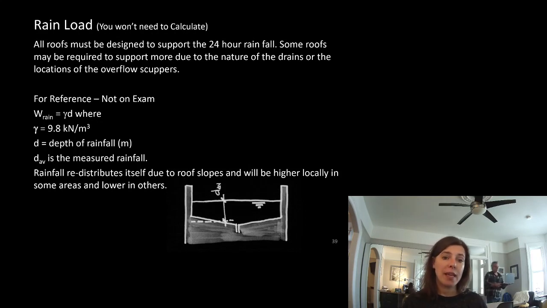So that would be in communication between the design team, the engineer and the mechanical engineer, because that usually comes from the mechanical engineer, what type of drains, whether using control flow drains. So you might have drains that basically stifle the flow of rain down the drains to prevent it from clogging other things.